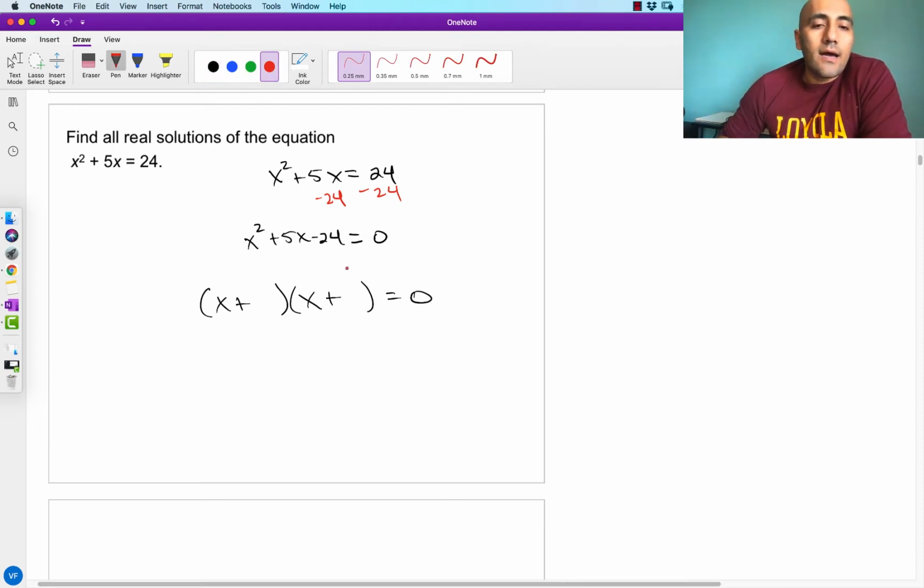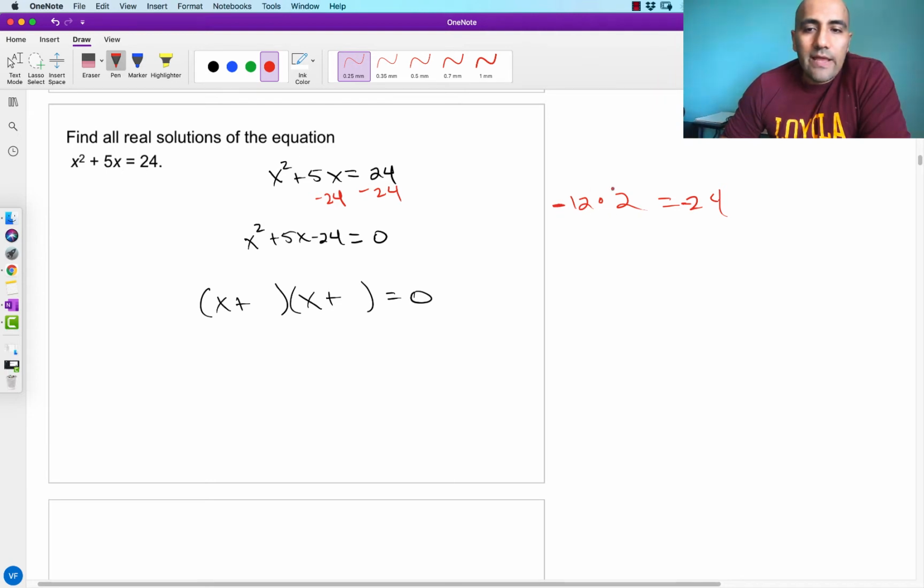Numbers that multiply to 24, there's 12 times 2, that gets me to 24. But they add up to 14, or we need one of them to be negative. So let's say negative 12 times 2, that's going to be negative 24. But then they add up to negative 10, and that's not what I want.